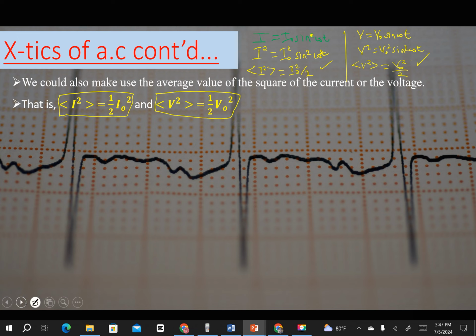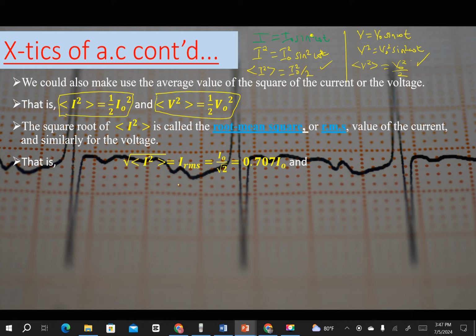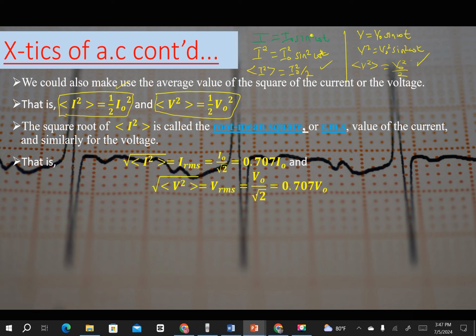So taking the square root, we arrive at what we call the root mean square values, which in exams many students write as RMS. These are called the root mean square, or RMS, value of either current or voltage. Finding the square root of the first equation gives I naught over root 2, and the square root of the second equation for voltage gives V naught over root 2.